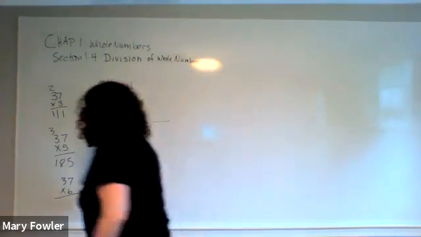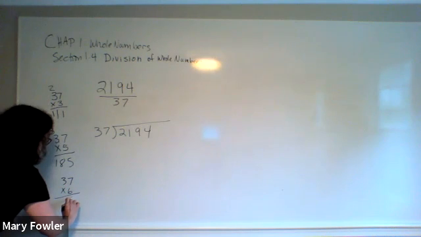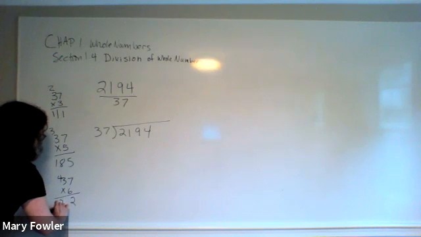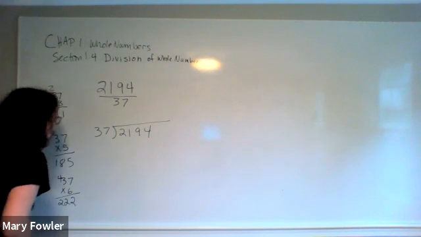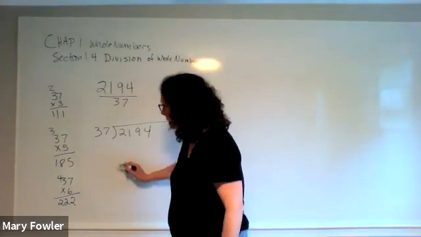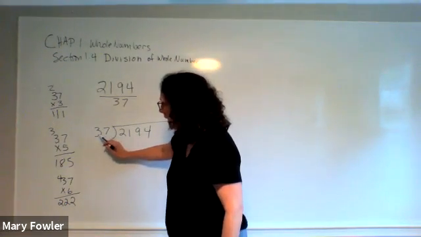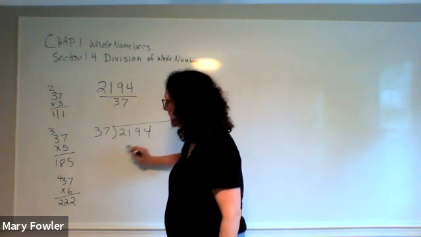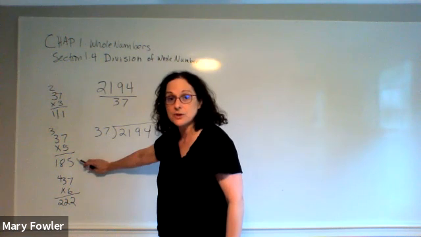So 37 times 6, 7 times 6 is 42. 6 times 3 is 18. Okay, 222. So we have these numbers and we want to take 37 into 219 as many times as possible.